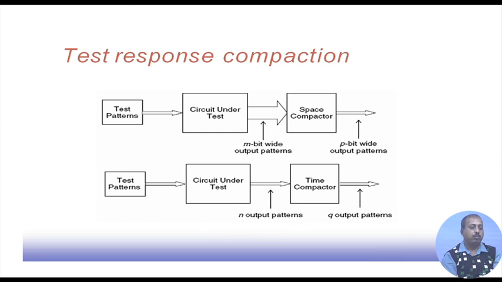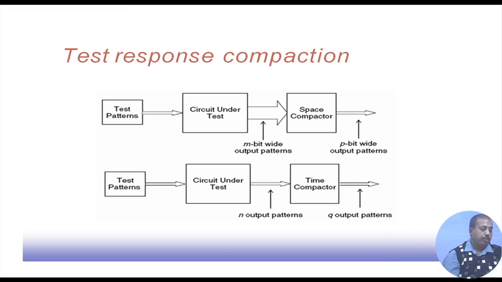So, normally we put some network there. The space compactor is a network which combines the responses, and it is an m to p circuit, m input p output. What network we put inside will decide the quality of the space compactor.